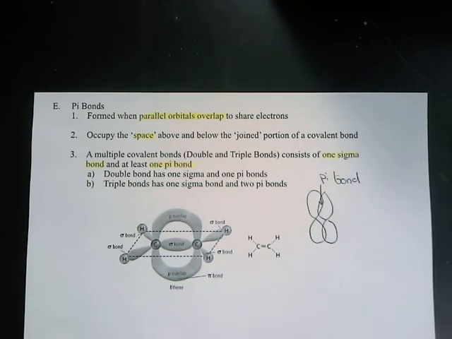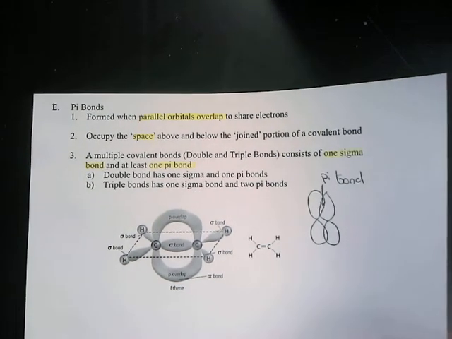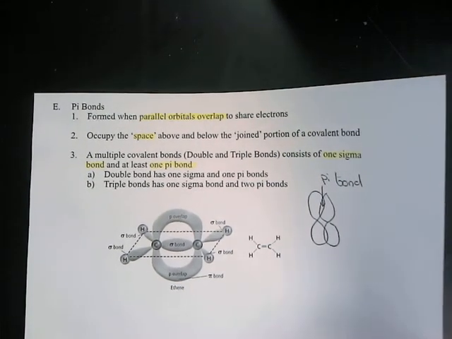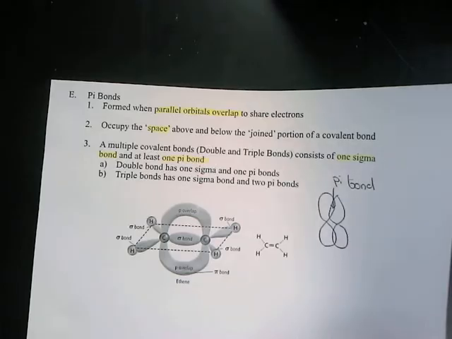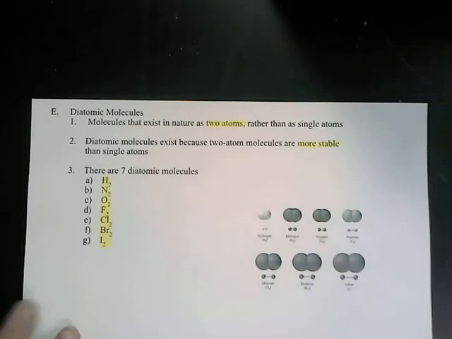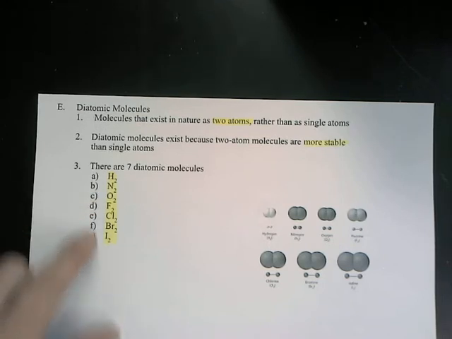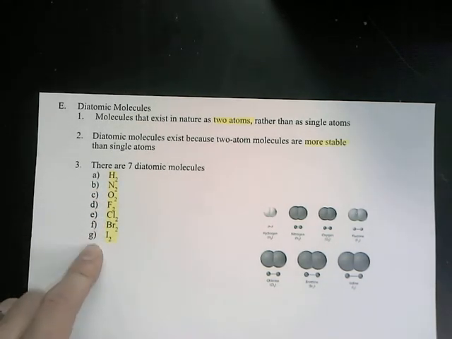Now, we've learned the basics of our covalent bonds. We've talked about single, double, and triple bonds. I want to go into a little bit more detail about what those bonds represent and what we can really interpret by single, double, and triple bonds. So we start out here talking about diatomic molecules. You need to memorize this list, okay?